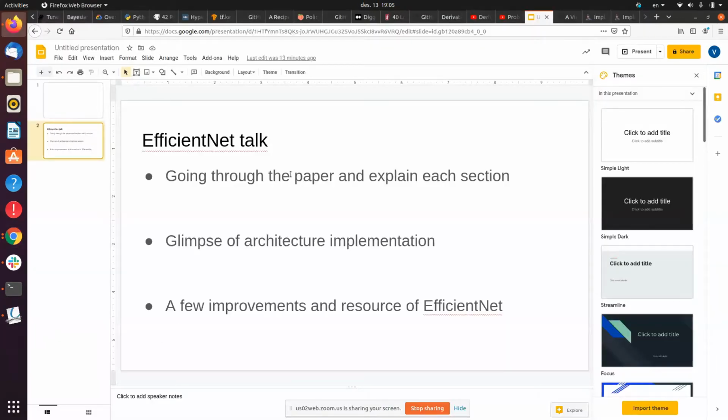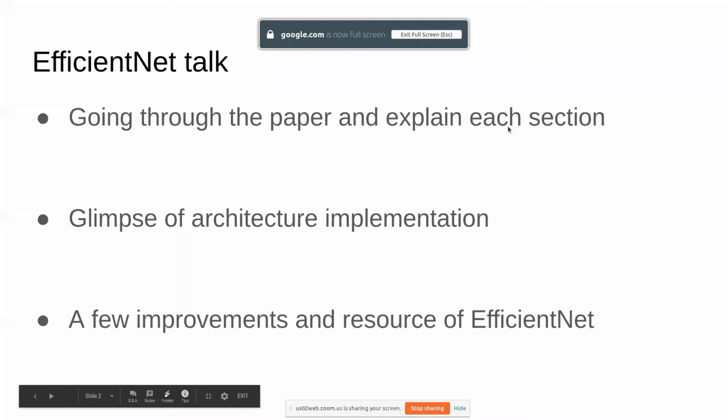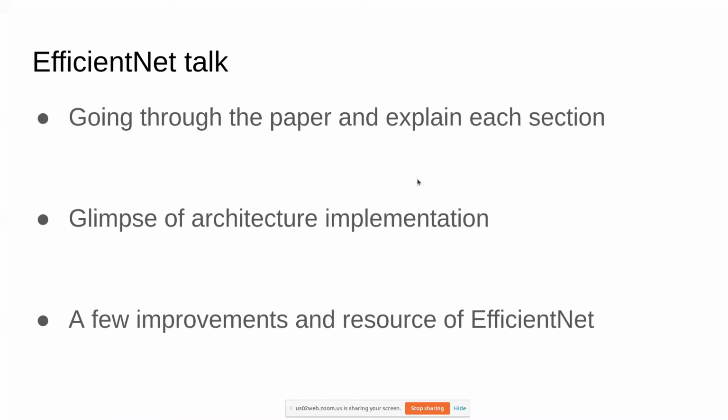I'm planning something like this on EfficientNet. Probably I'll start with the paper and explain each section, from the abstract to the results section, and then we can have a discussion if anybody has any question on the fly.